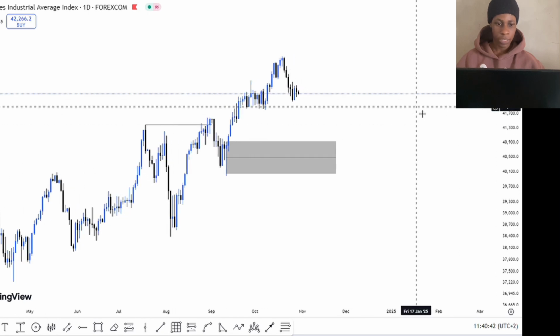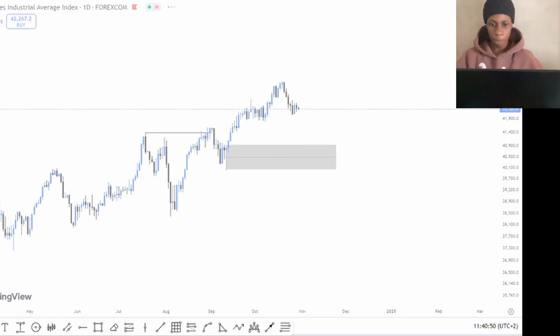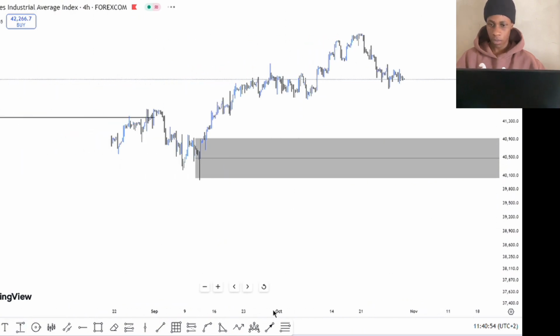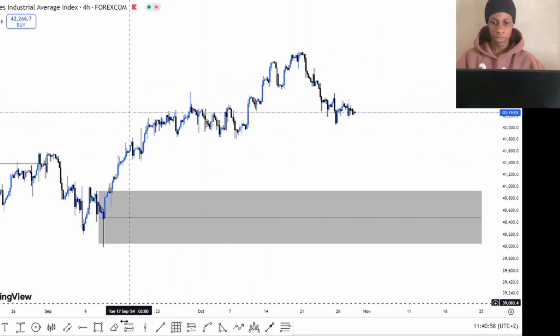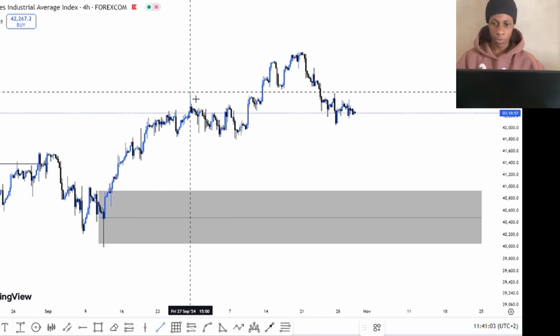But since we don't take trades from the daily time frame, we are going to move down to the 4-hour time frame. As you can see on the 4-hour time frame, the recent break of structure we have is this one.